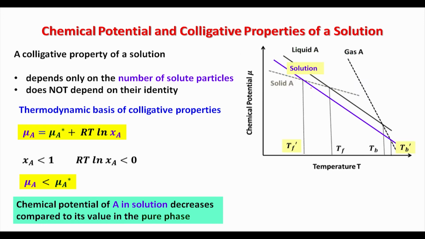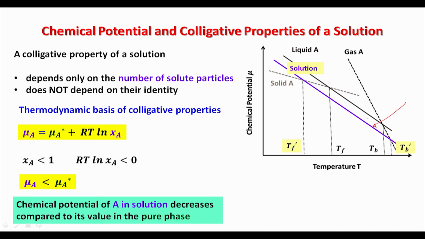This tells us that if I plot the chemical potential of the solution as a function of temperature, this is the curve that will give me the variation of the chemical potential of the component A when it is present in the solution.